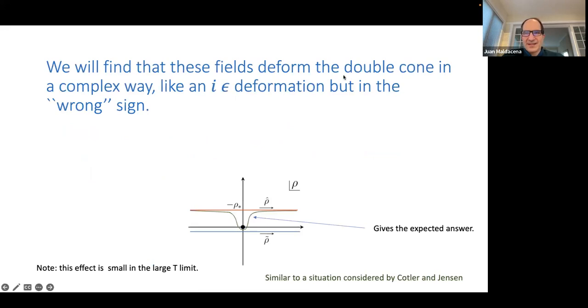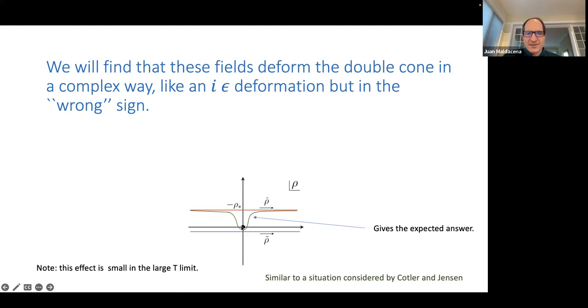What one finds is that the presence of these quantum fields, the same fields that were giving rise to the quasi-normal modes, deform a bit the gravitational part of the computation. And what they do is an I epsilon deformation, but with the wrong sign.